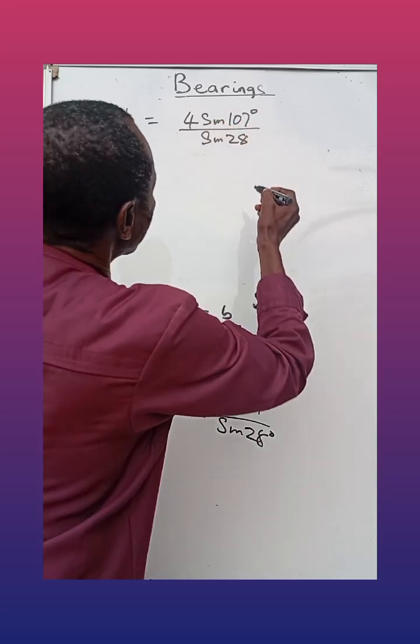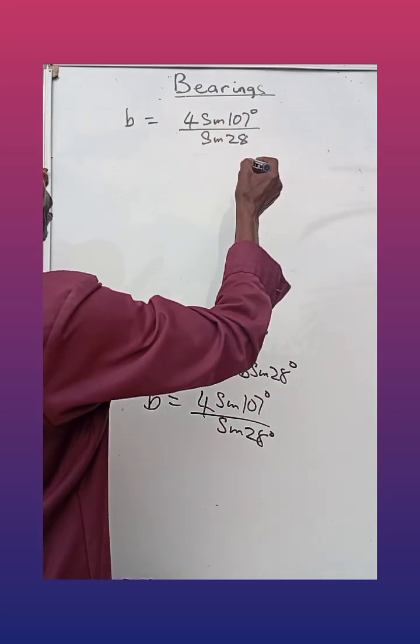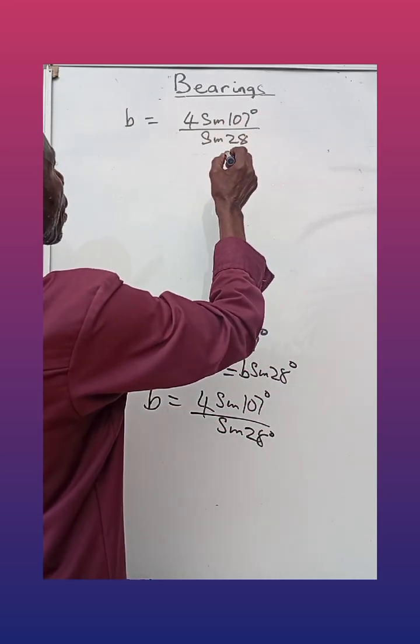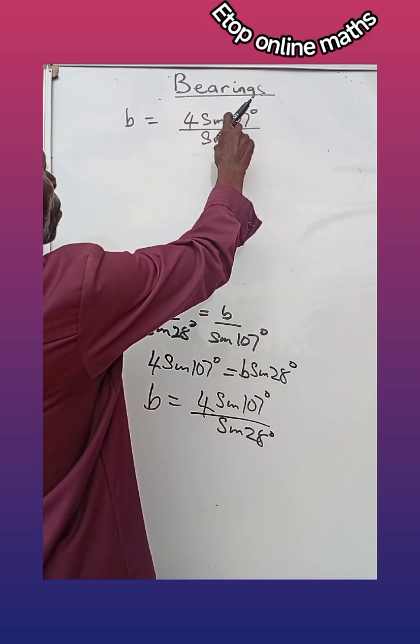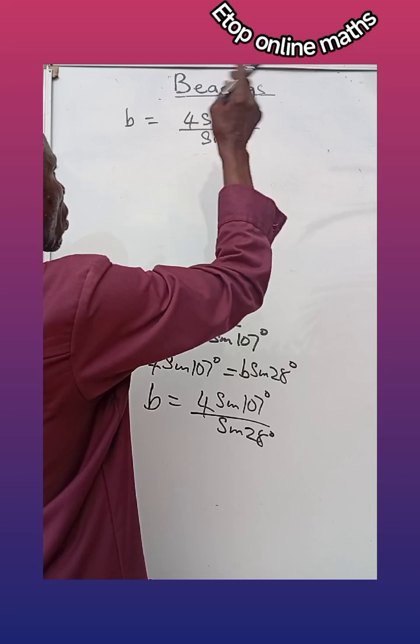Now, sine 107 degrees is in the second quadrant, and sine in the second quadrant is positive. And this is not there in our four-figure table, so we now look for its equivalent.